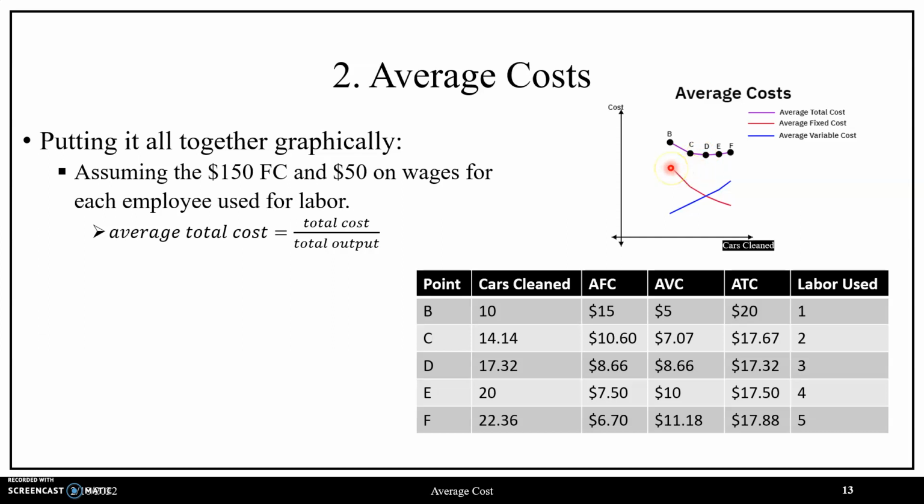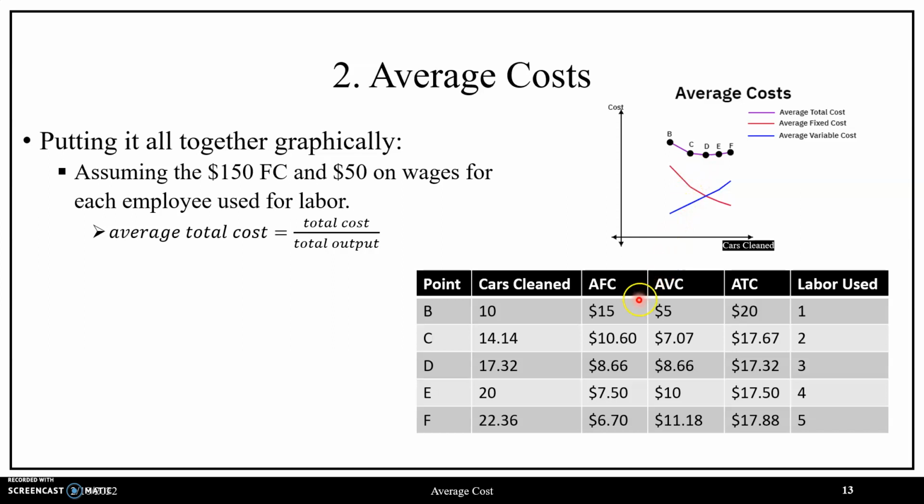If we look down at average fixed cost and average variable cost, we see up until point D that average fixed cost is greater than average variable cost, where average fixed cost is downward sloping. So since it is the dominant cost effect, since it's greater, this is going to be reflected in average total cost being downward sloping.